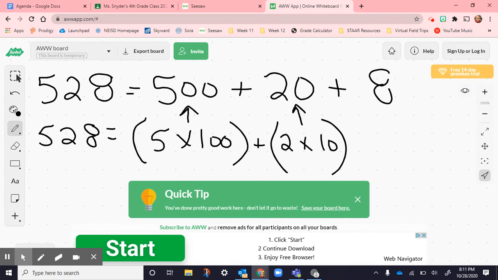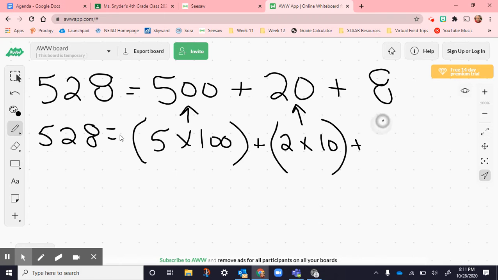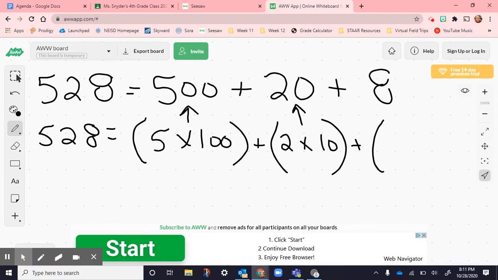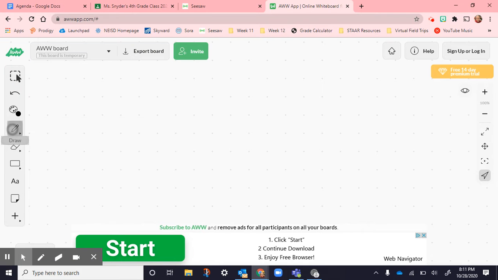And that gives us that 20. So expanded notation is what we do to get these values. The next digit is 8 times the place, which is 1. 8 times 1 is 8. So these are connected. We've already done this before with whole numbers. Now we're introducing the idea that we can do the same thing with our decimals.